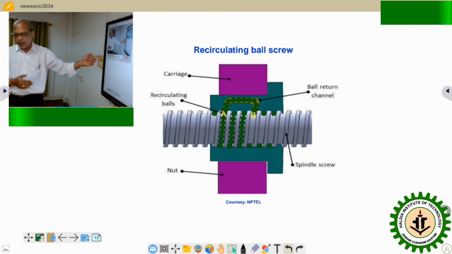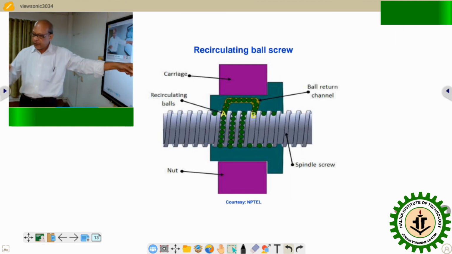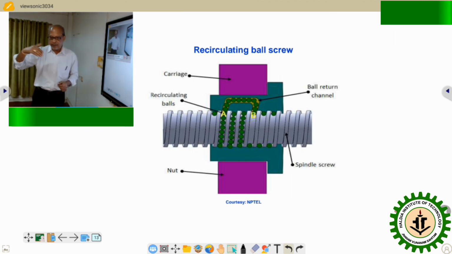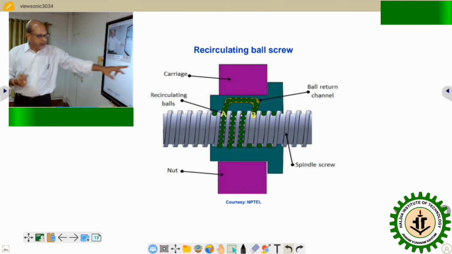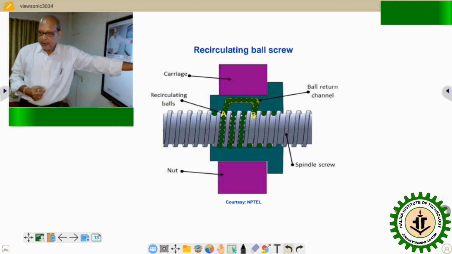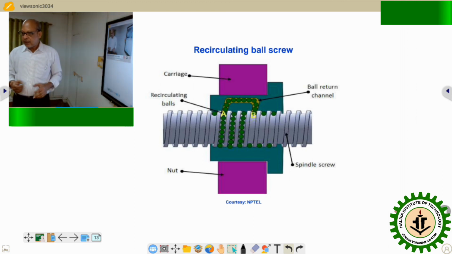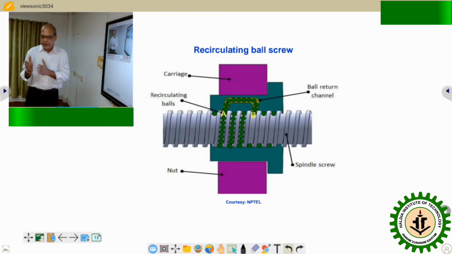As the screw keeps on rotating, if you recall your closed loop block diagram, from the motor to the lead screw, in between there will be some reduction gear. So eventually the lead screw is imparted some rotary motion. As it keeps on rotating, the linear motion will be transmitted to the nut and hence to the carriage. So we can convert rotary motion to linear motion.